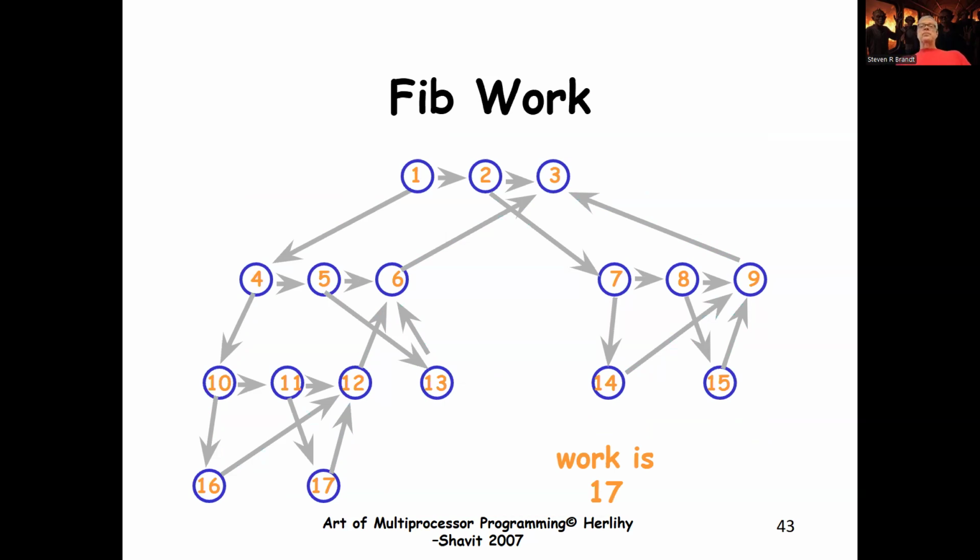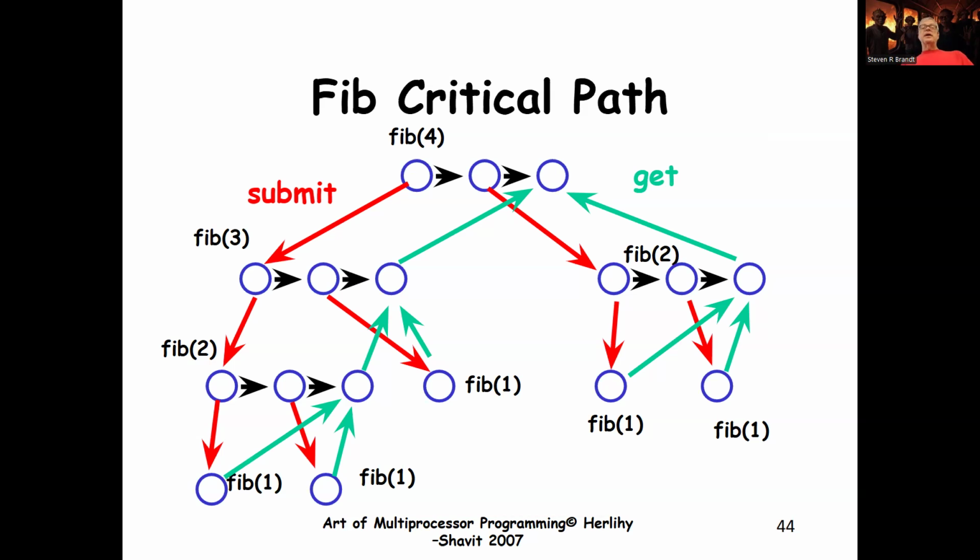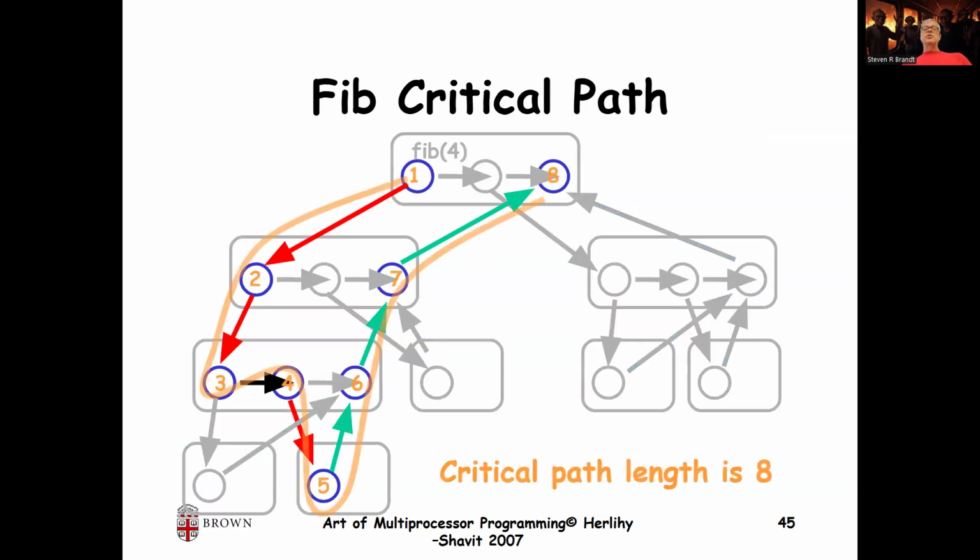However, the critical path is different. If I were to draw a path through these, the longest path is 8. So that would be the fastest. There are 17 units of work here, and the fastest we can do them is 8, right?